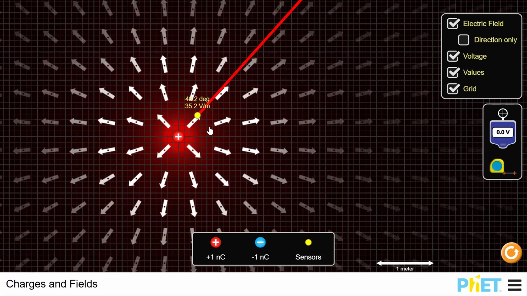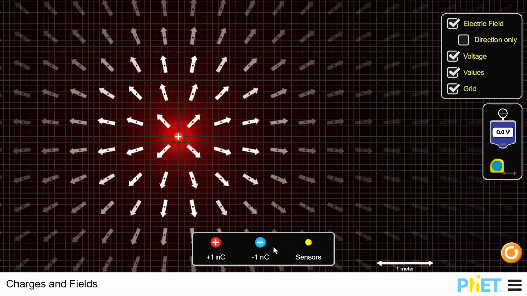Now here it is 31.2 volt per meter, and I will go from this position to this position. You can see that the value decreases. So away from the positive charge, the electric field decreases. Very close to the charge, the electric field is high.